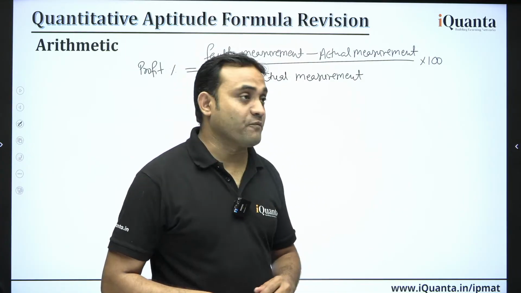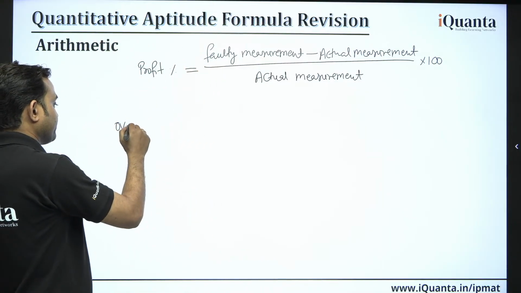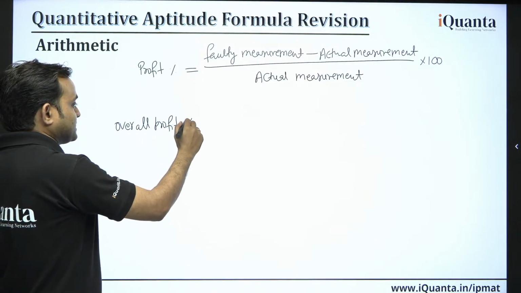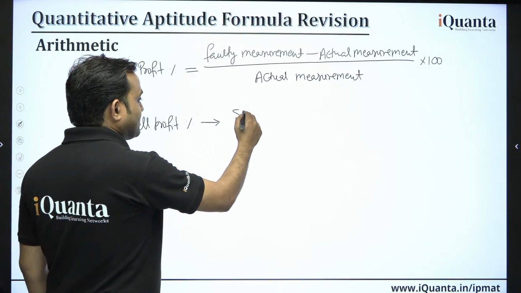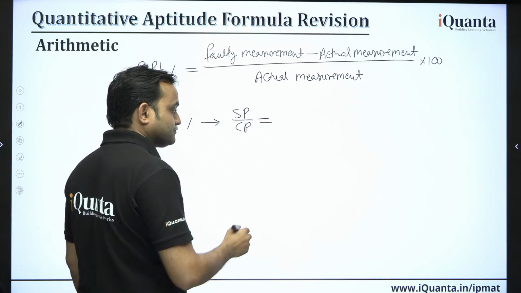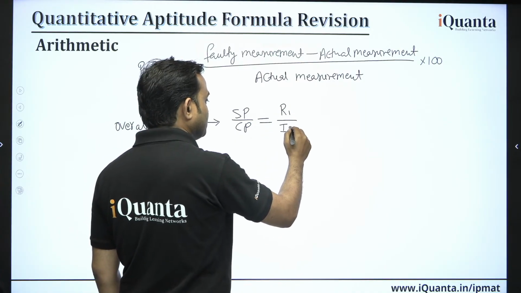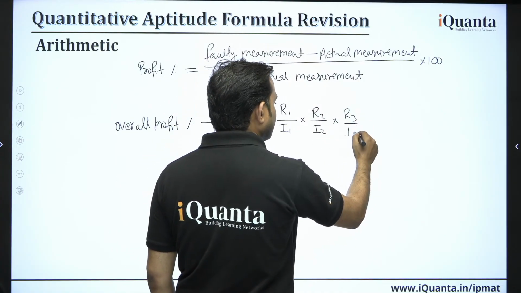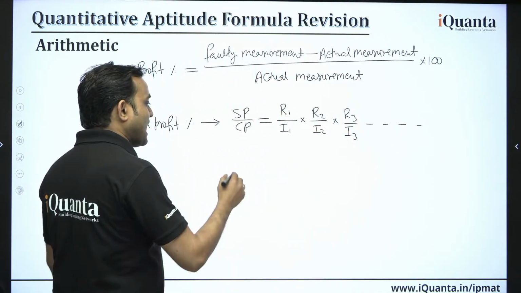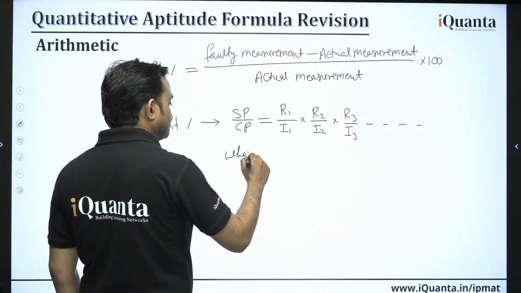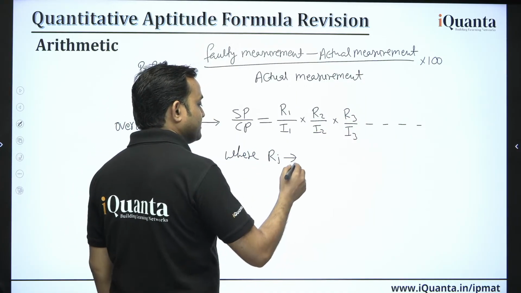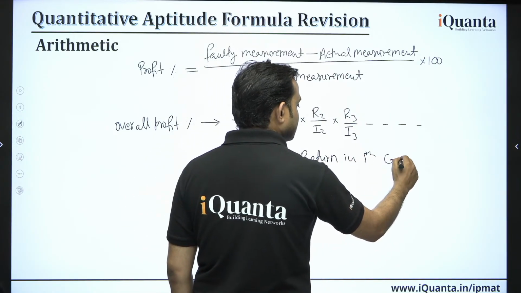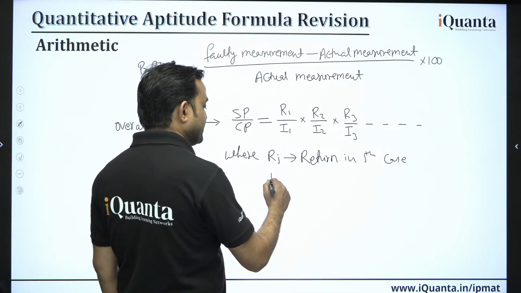So, in case of overall profit percentage, to find this, write down SP upon CP is equal to R1 upon I1 into R2 upon I2 into R3 upon I3 and so on, where Ri is the return in ith case.